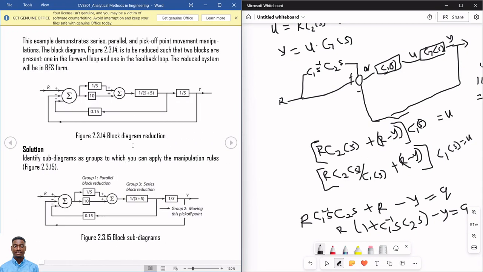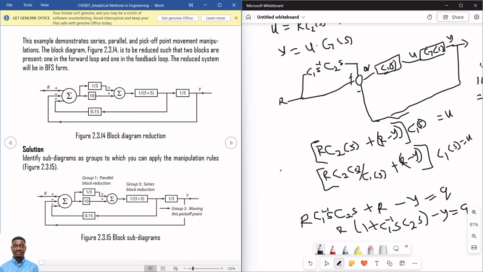Also, we have another one here saying this is a system that you are told to reduce into a BFS form. So if you look at the first thing here, we have these two blocks. They're in parallel. Are they truly in parallel? They're in parallel because the same signal is flowing into them. The same signal that flows here is the one that flows here, because this is a pickup point of this signal. So in that case, I can just take this as parallel.